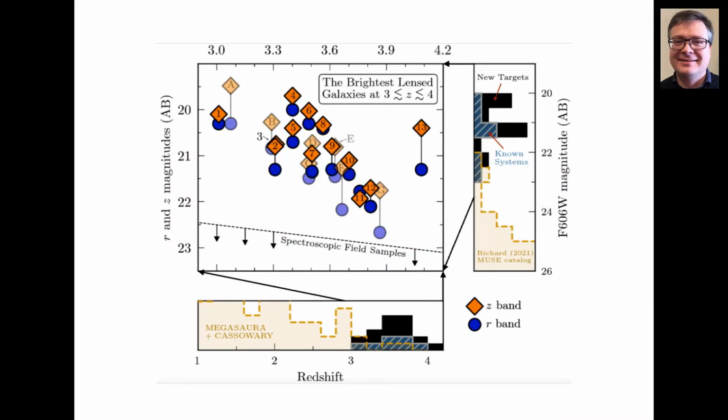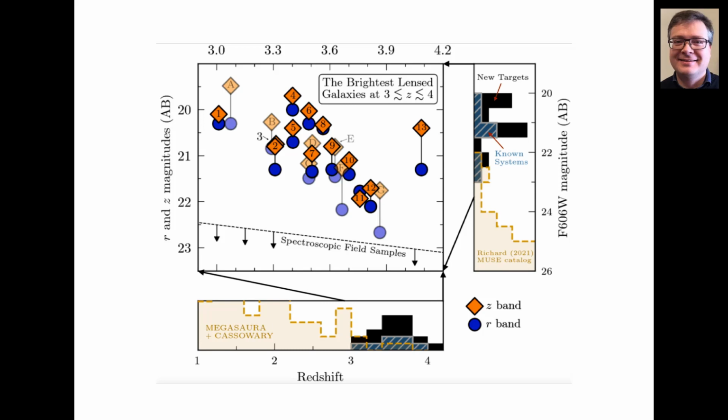So if you plot these with the R and Z magnitude versus redshift, you see that the new ones here are the ones which have the stronger colors, and the more faded ones, they are known previously. So it's basically, we're finding a sample which is as bright or brighter than anything known at that redshift.